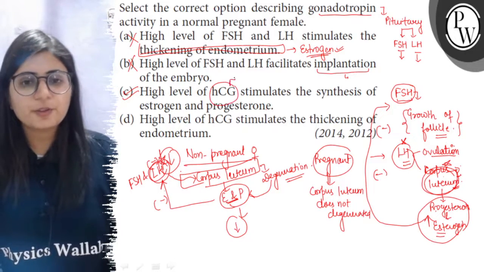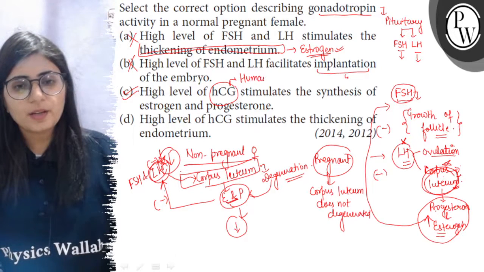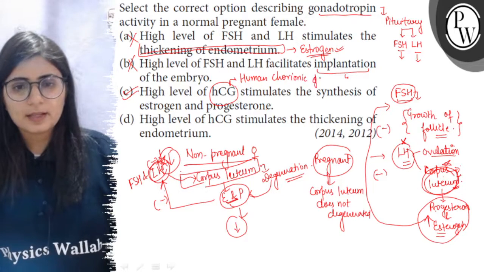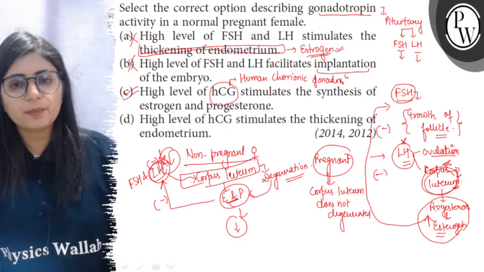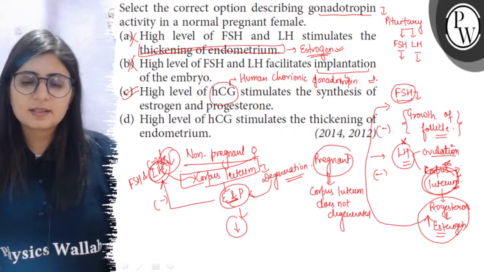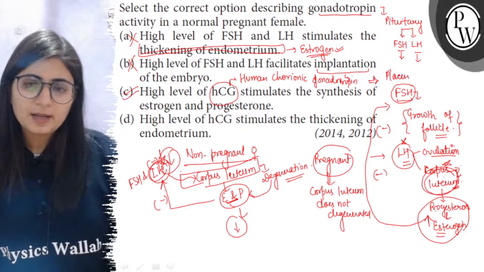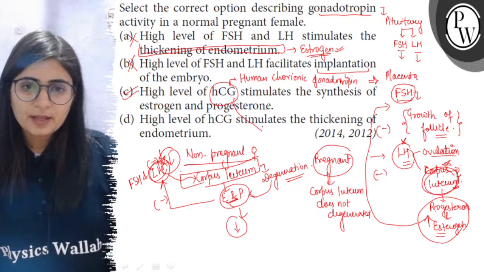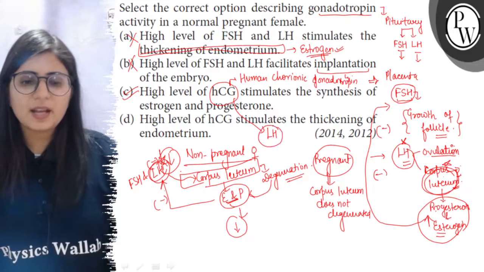HCG stands for human chorionic gonadotropin, and this hormone is released from the placenta. It is a placental hormone, and it is similar to LH in its action.